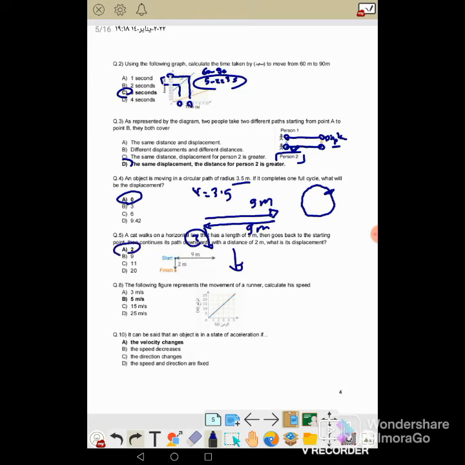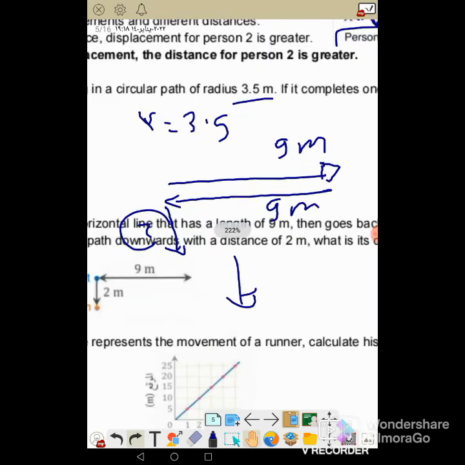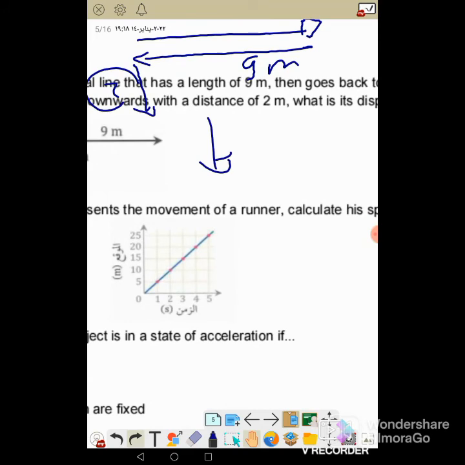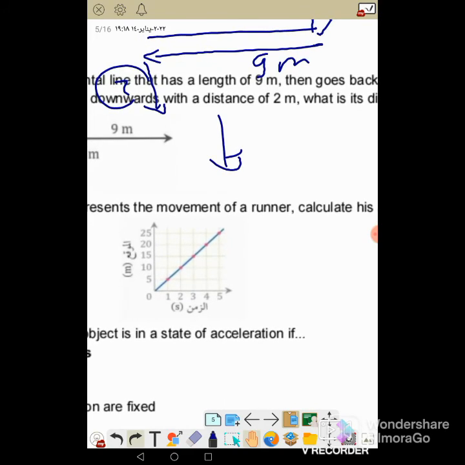The following figure represents the movement of a runner. Calculate his speed. Speed equals slope. V equals slope, or d final minus d initial divided by t final minus t initial. So you should take any 2 points and determine for each point the corresponding position and the corresponding time.